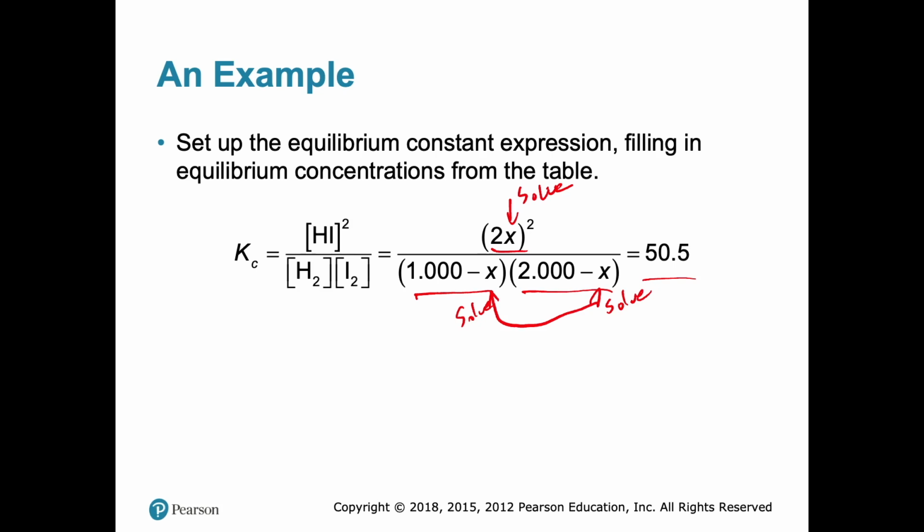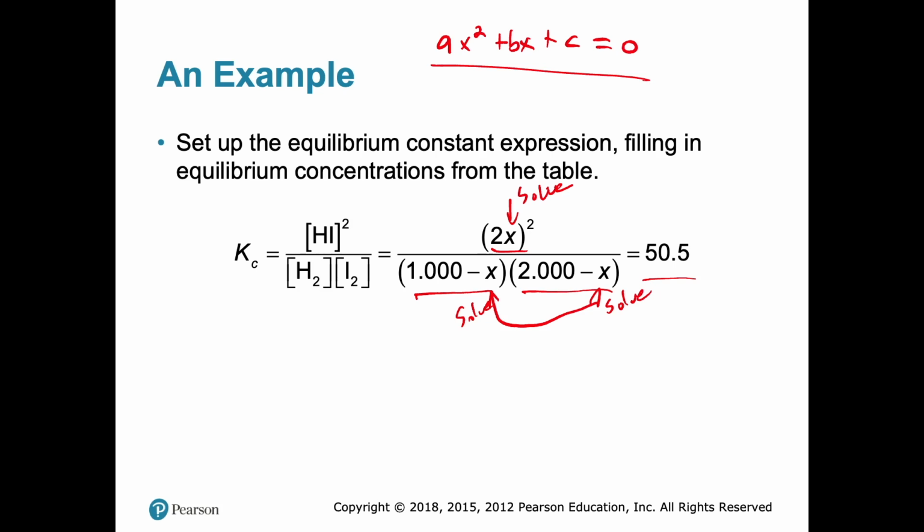There's a couple of things you have to do first before we can actually put it into the quadratic formula, because right now it's an expanded expression. Remember that the quadratic formula requires this format: ax squared plus bx plus c equals 0. It has to be in that form for you to be able to use the quadratic formula.